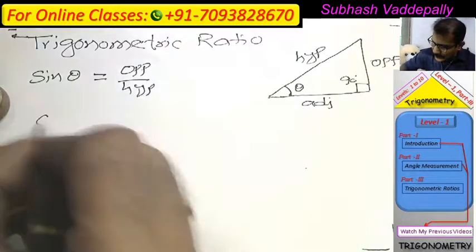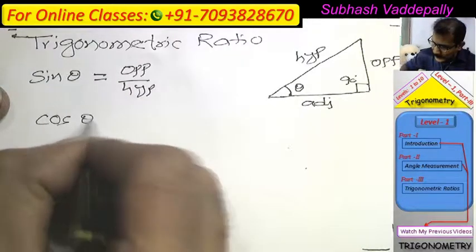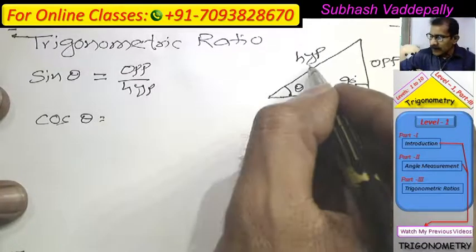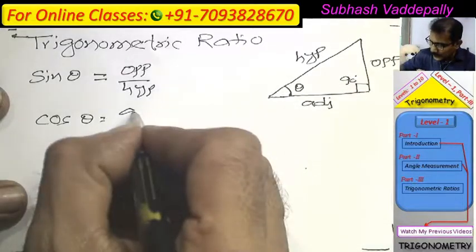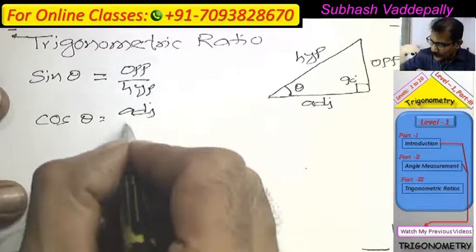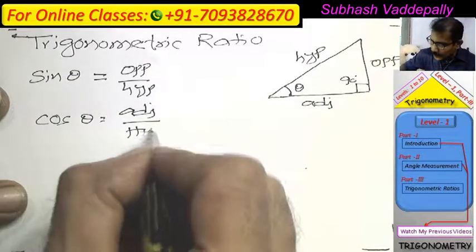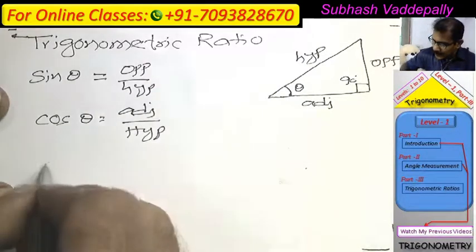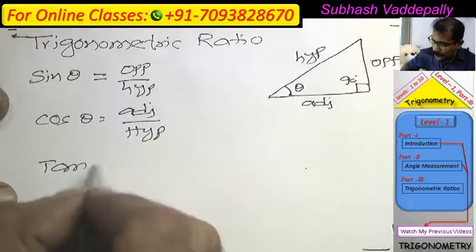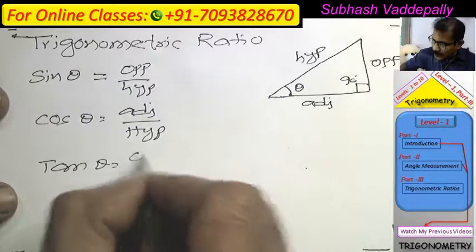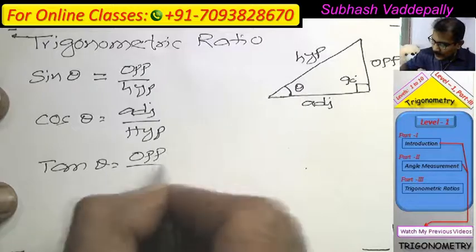And the second one, cos theta. This is adjacent divided by hypotenuse. And then tan theta. This is opposite divided by adjacent.